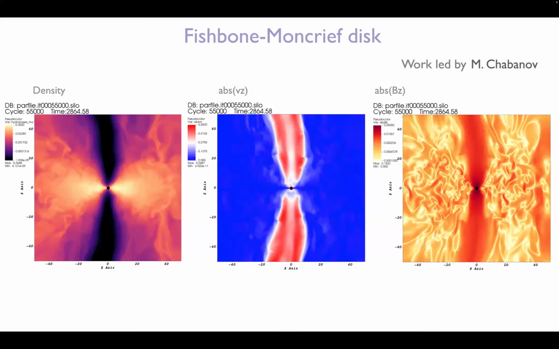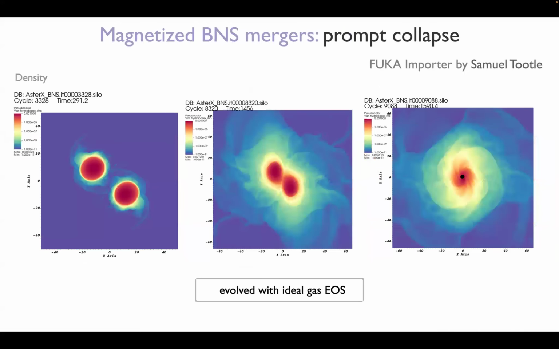Similarly, we started also looking into performing binary neutron star mergers with AsterX, using the initial data from FUKA. This is provided by Samuel Tootle. For instance, in this simulation, we evolved this with an ideal gas. Here we were probing the prompt collapse case, where you have the merger of the two neutron stars, and then the remnant is directly a black hole that forms within a second or so.